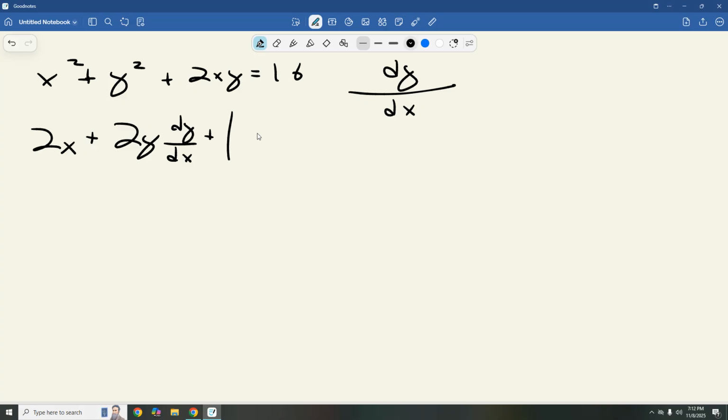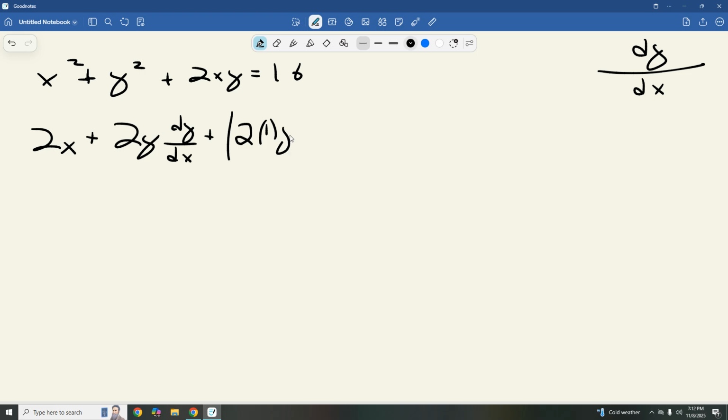This is a product rule, so it's going to be 2x, so let's derive x first, plus 2xy. Y is derived here, and since y is the one we are deriving, you have to put the dy over dx. Then equals 16 is just a constant, and all constants are always 0 when you derive them.